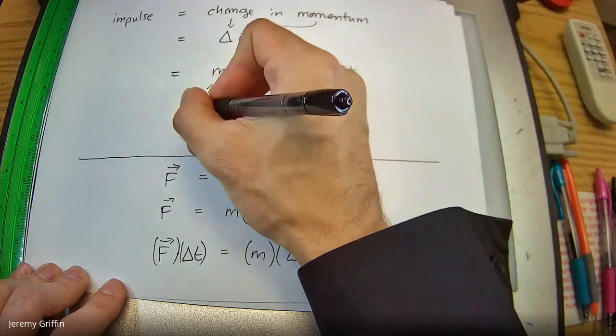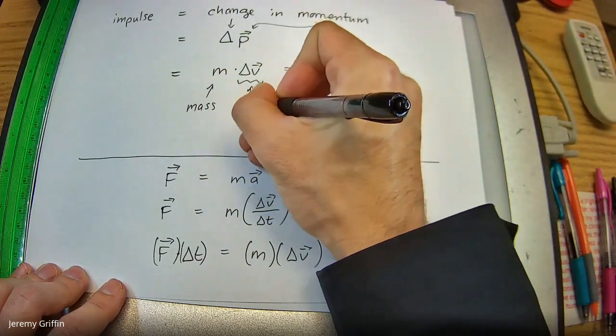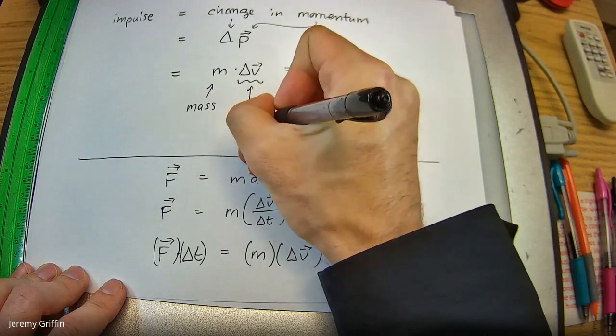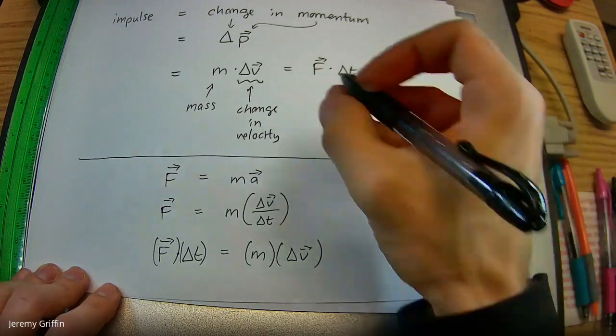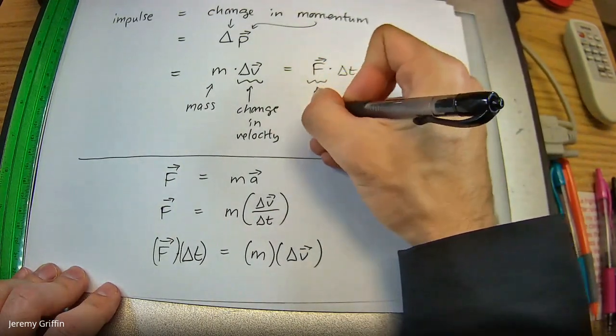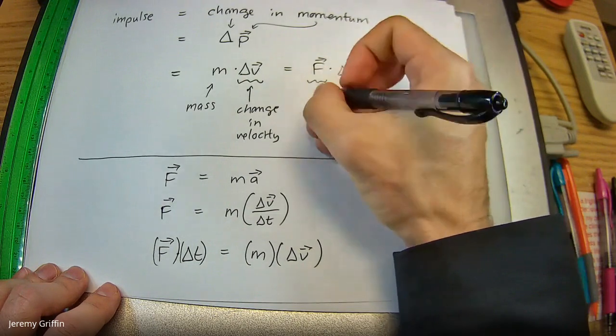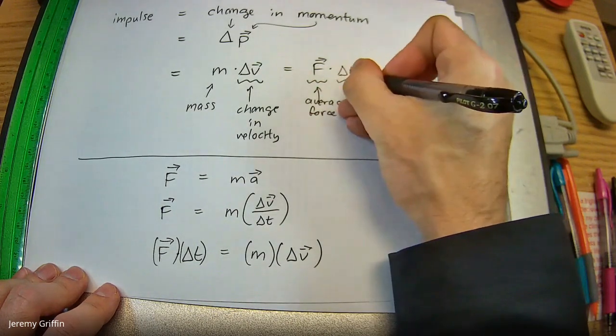I want to spell this out too. So mass, obviously. Change in velocity: some object is speeding up or slowing down. Well, how did it do that? Because you applied a force. Oh, I don't want to just say force, I'm going to say average force. And there's a reason I'm going to say that.